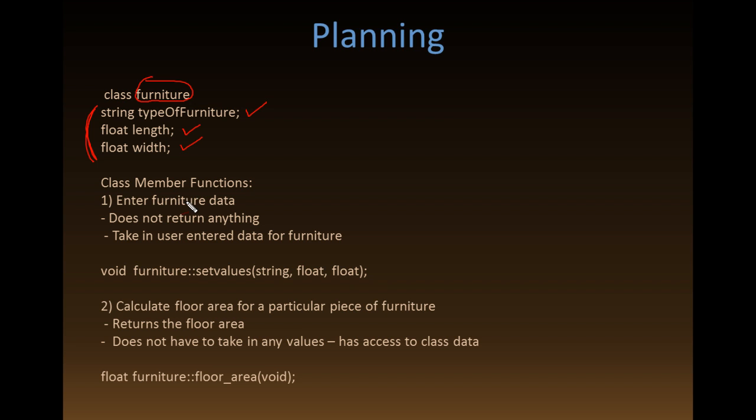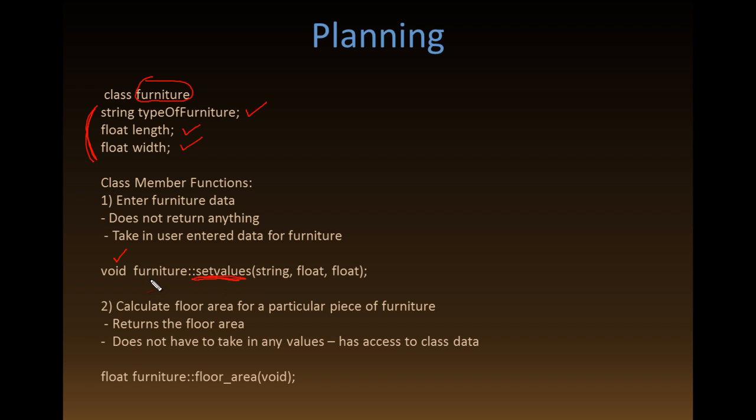So the first function is a function to allow the user to enter the furniture data. It doesn't return anything. It does take in user entered data for furniture. So these are the variables that the user enters the values into, and it's going to save those here in the class data. So it doesn't return anything. That makes it a void. We gave it the name set values.